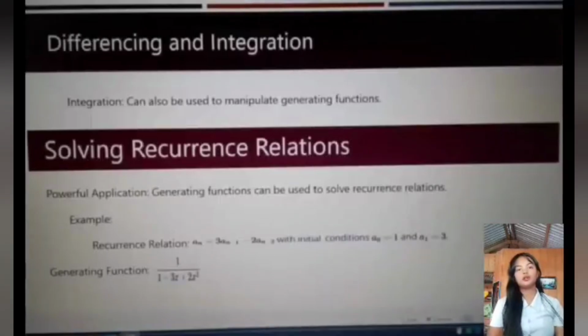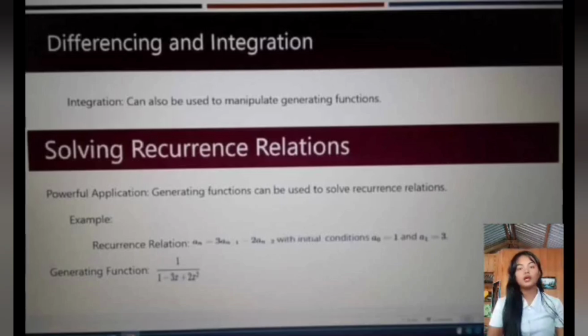Differentiation and integration. Integration can also be used to manipulate generating functions. Solving recurrence relations is a powerful application. Generating functions can be used to solve recurrence relations. A recurrence relation defines a sequence where each term is expressed as a function of previous terms.